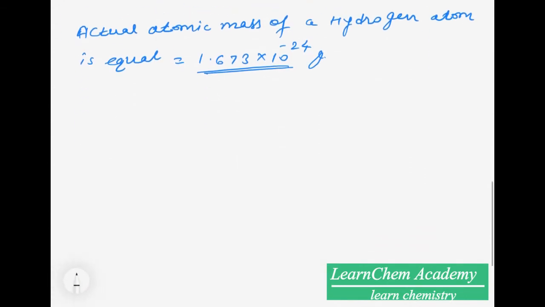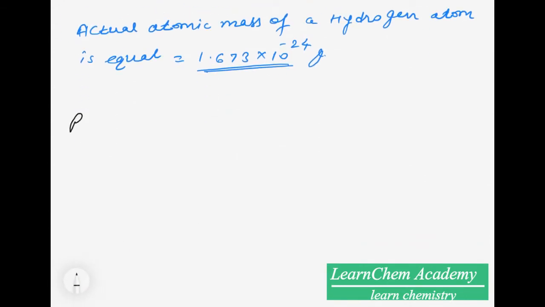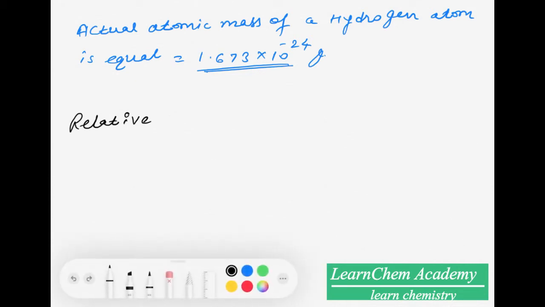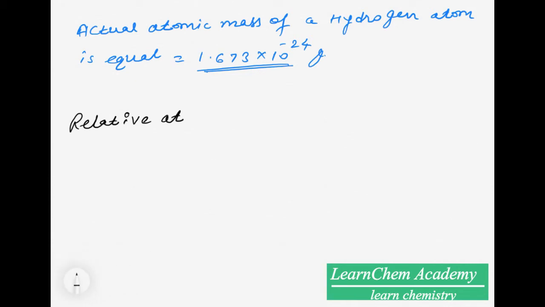Next is relative atomic mass, which we can call relative RAM.